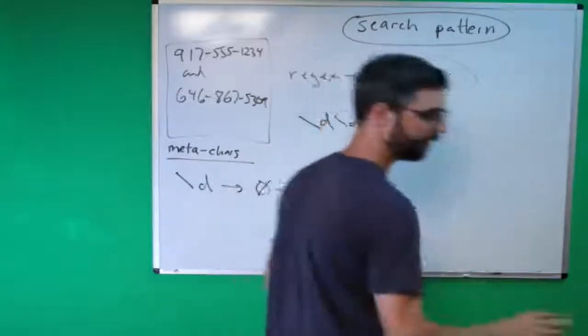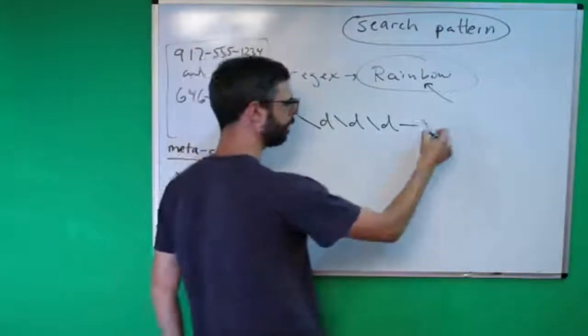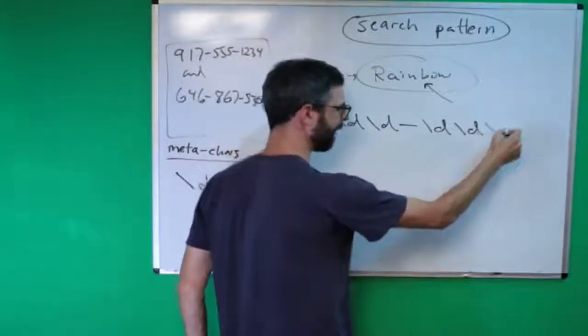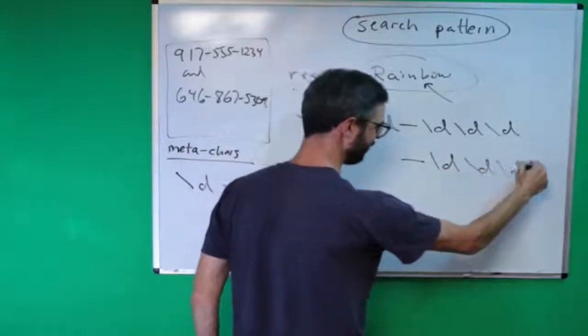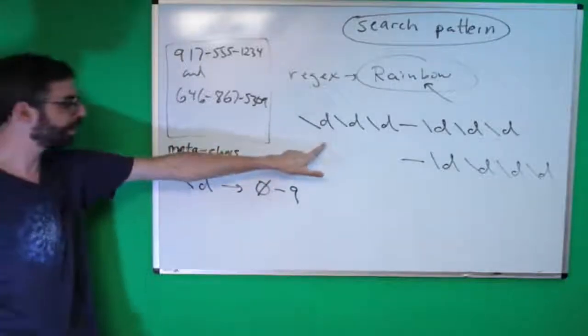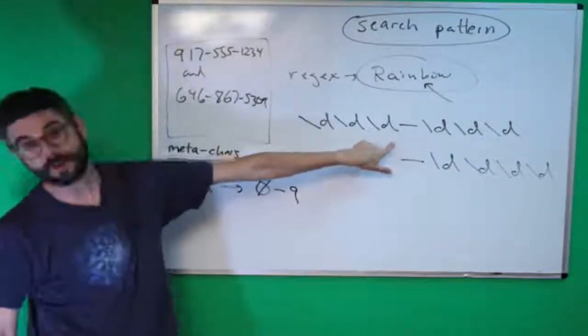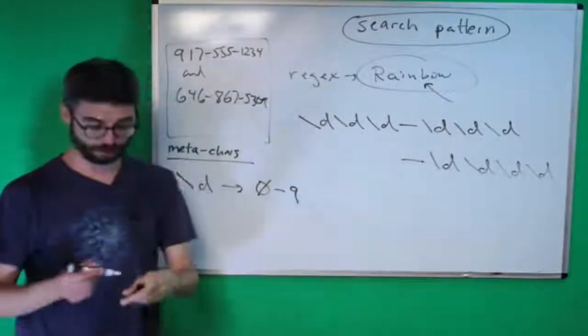Let's erase this. So this is meta character, meta character, meta character, literal character, backslash d, backslash d, backslash d, dash, backslash d, backslash d, backslash d, backslash d. This means search for any text that matches 3 digits followed by a dash, followed by 3 digits, followed by a dash, followed by 4 digits.